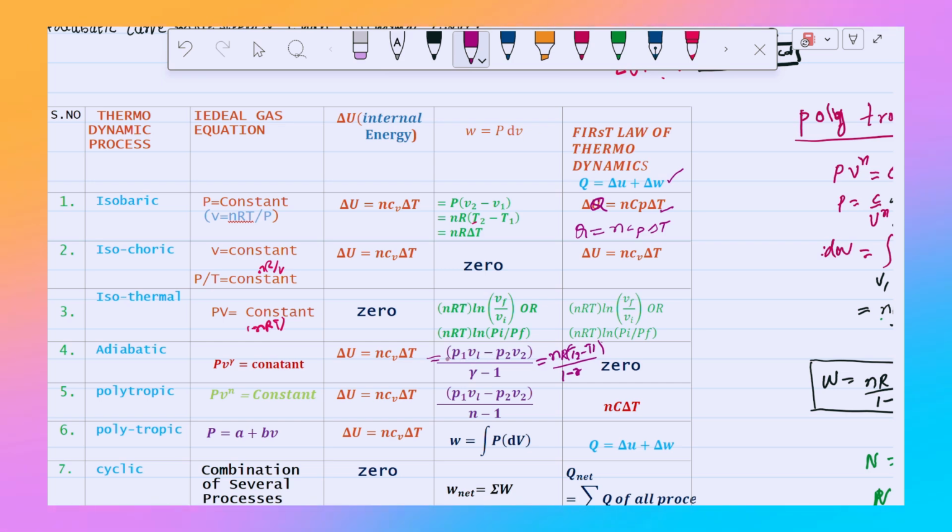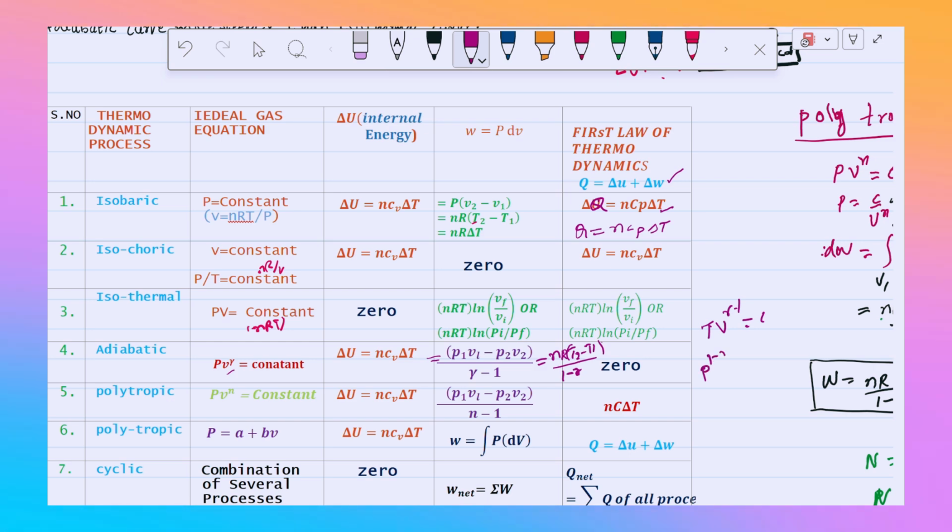And here to calculate P1 P2, we should not take P1V1 as nRT1. To find out P2 from given V1, V2 and any one of the P values, we have to use PV power gamma equal to constant. Or we know TV power gamma minus 1 is equal to constant.